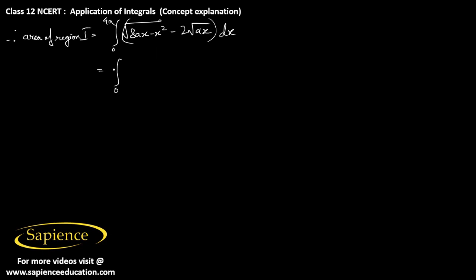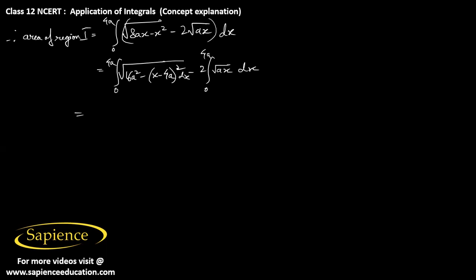Or we can write this as the integral from 0 to 4a of, obviously you can write, 16a square minus x minus 4a whole square, then minus the integral from 0 to 4a of 2 root ax dx.